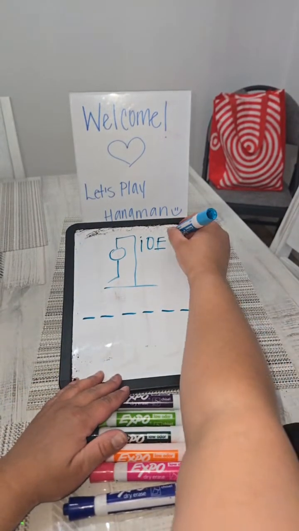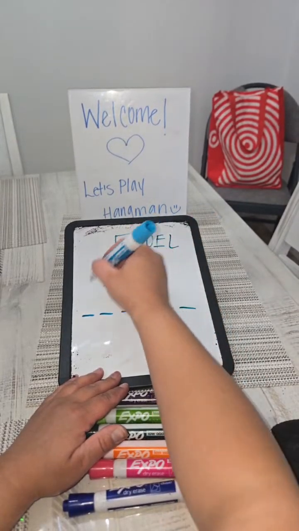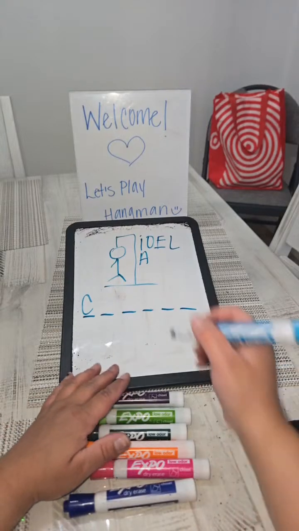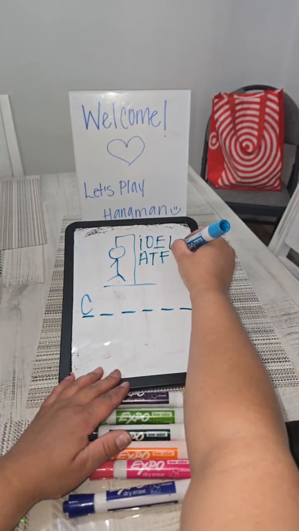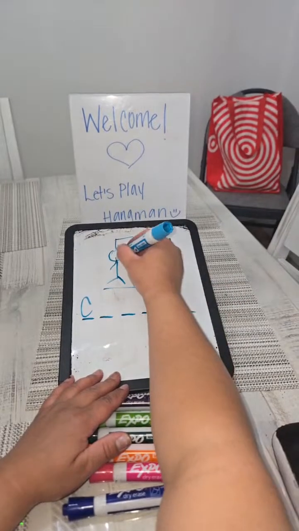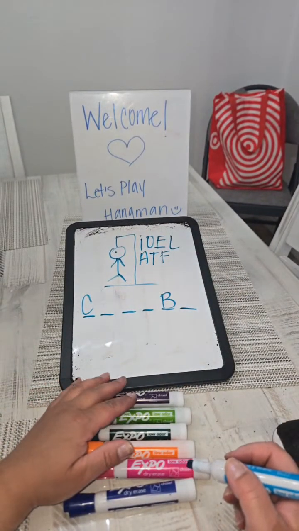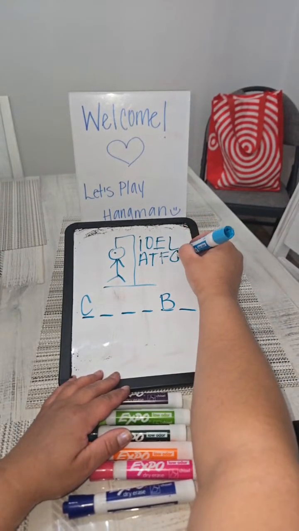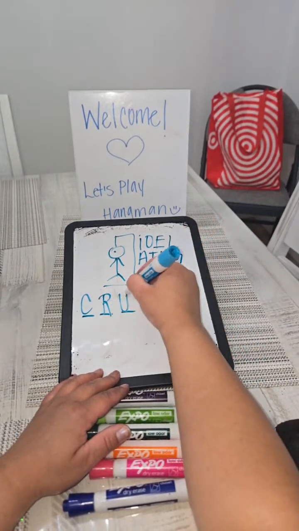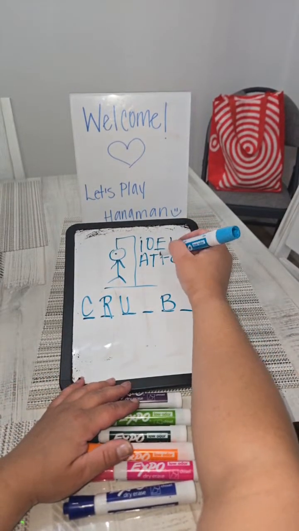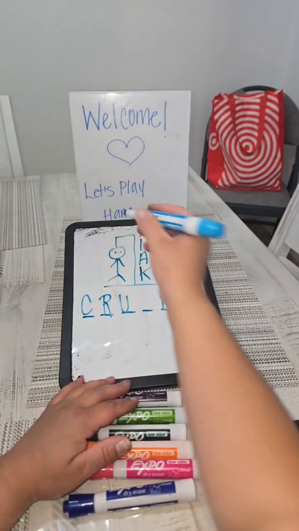L-A and C. T-F and B. G-R-U. I-K. I is already there and there is no K.